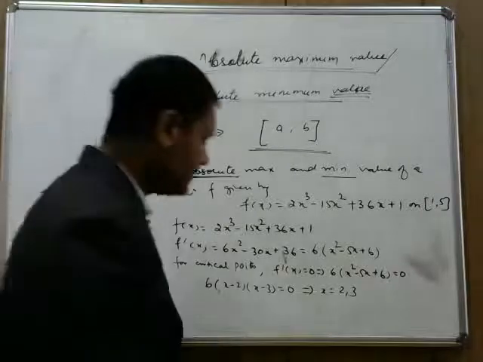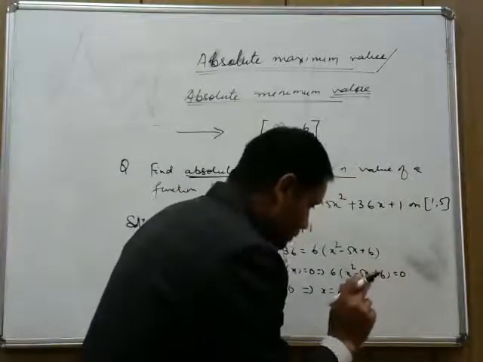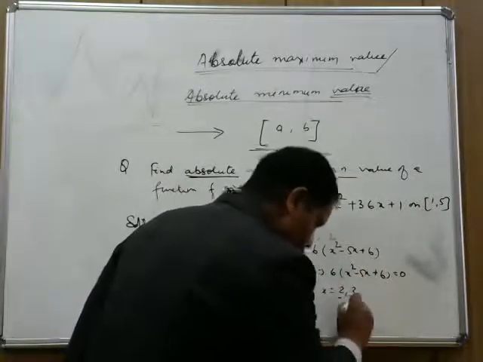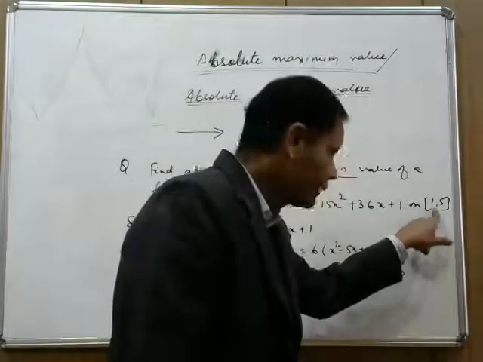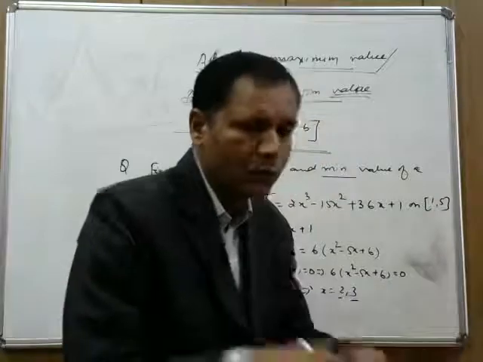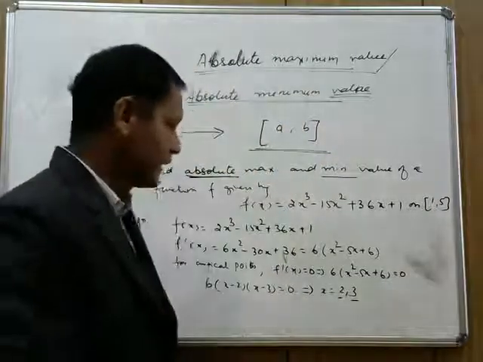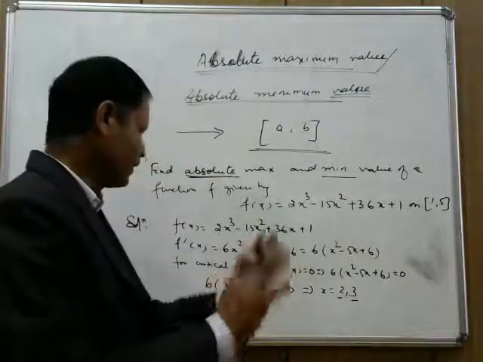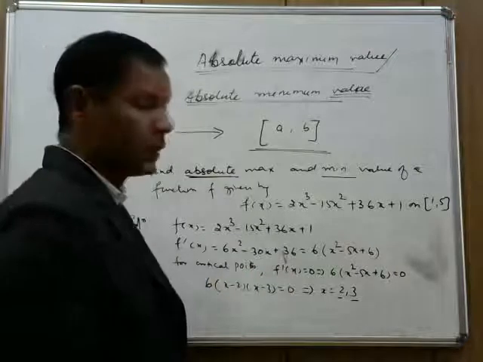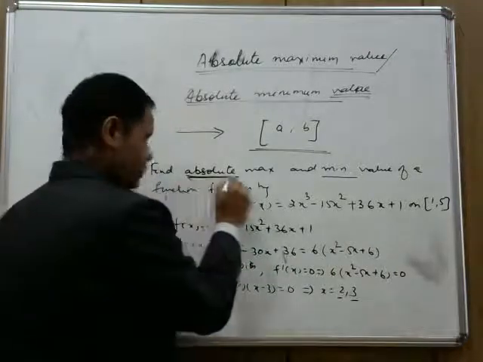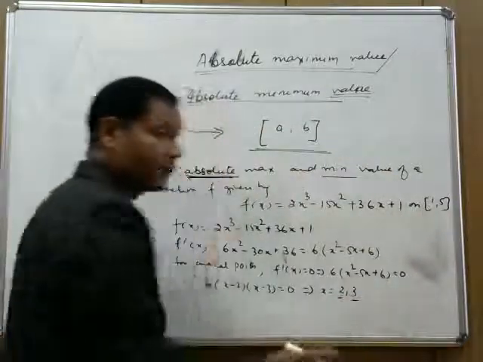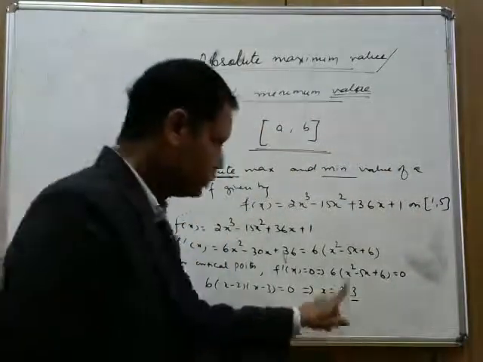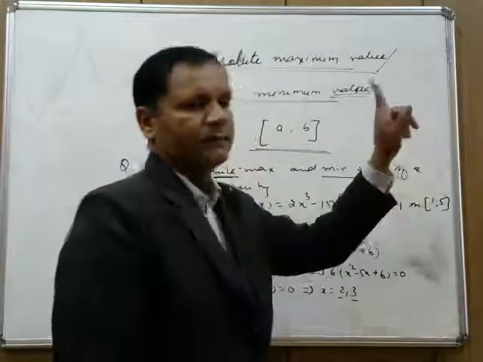Now we have C1 as 2, C2 as 3, and the interval is between 1 and 5. Now there is no need to go for the second differentiation. No need to find out f double dash, because you are asked to find the absolute values and the interval is also given. Now we have 4 points: 2, 3, 1 and 5.